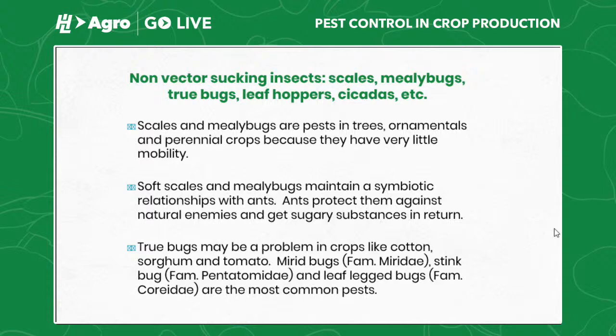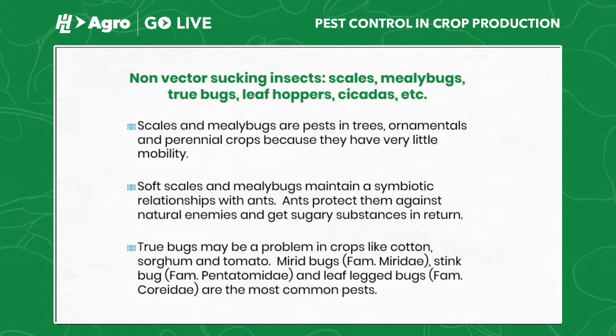See, if you had pests like mealybugs and scales on annual crops, for example, melons, a melon plant is ready to go out in 60 days. It won't survive. Things are very slow moving. Are pests in trees and ornamentals and things that you don't cut and replant every time.